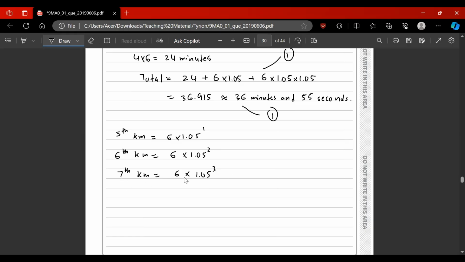So you can see there's a difference of 4 in their exponent powers from the kilometer that they're in. And therefore, you could say the rth kilometer, or the rth time rather, is equal to 6 into 1.05 to the power r minus 4. That's the answer. So if you show this proof here, you will get 1 mark.